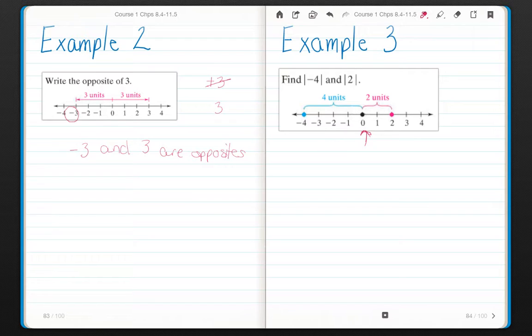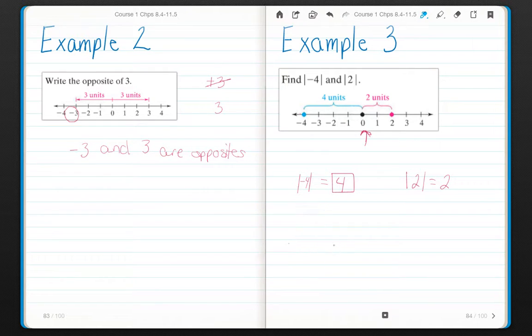Well, I can see on this number line the -4 is 1, 2, 3, 4 units away. So the absolute value of -4 equals 4. This is your answer. The absolute value of 2 is 2 units away from 0. So the absolute value of 2 is 2.